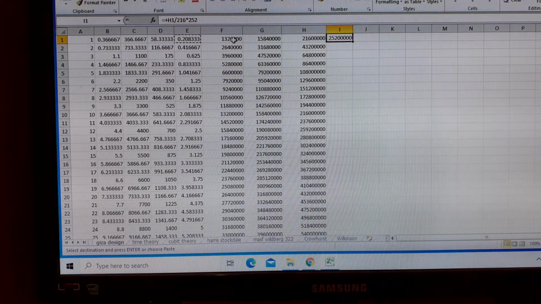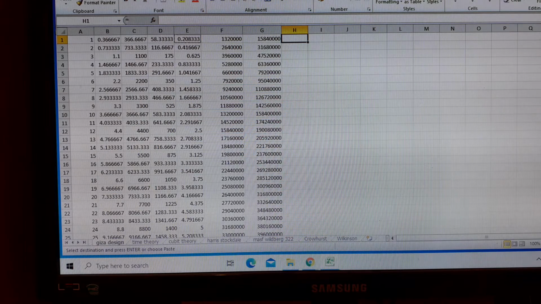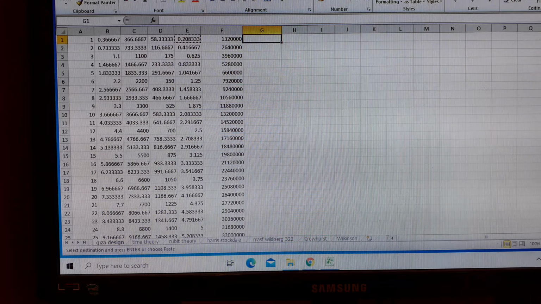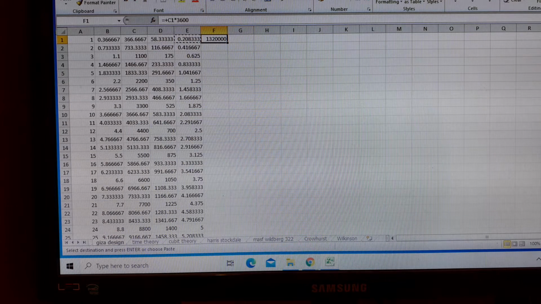And that is mile. These are imperial feet, but they give us miles. So we're going to go back and gradually see how this has been done. So that column's gone. That column's gone, 2160. That column's gone. We can see how the model is being built up here.